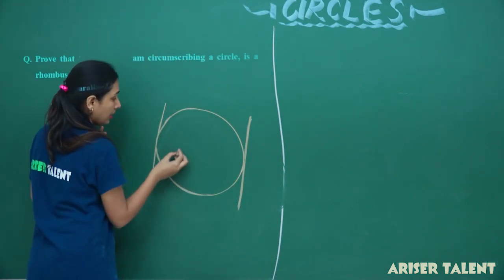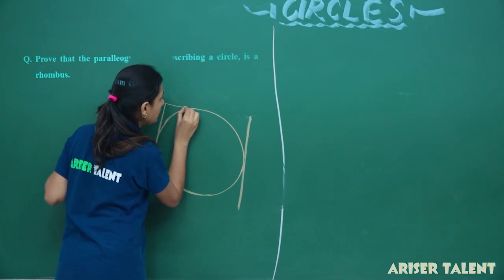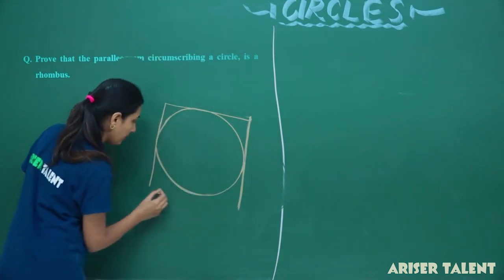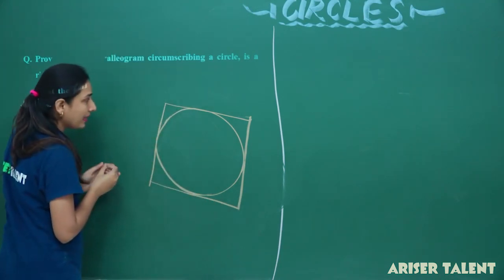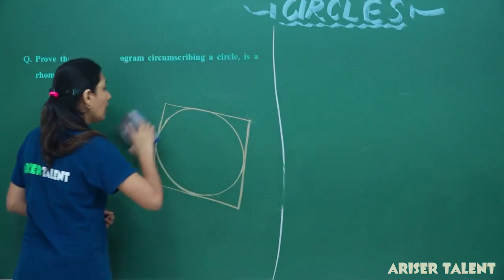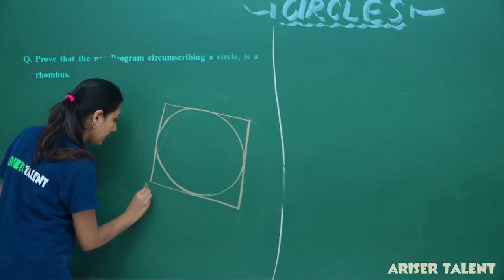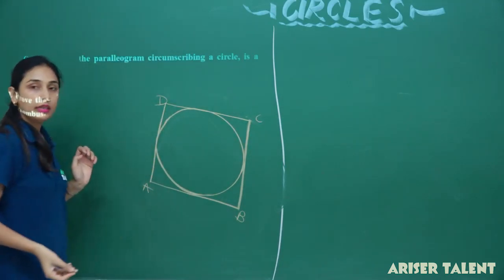Now, if I will be having this point, I will make this parallelogram here. Okay. So, this is a parallelogram. Now, I am having this parallelogram A, B, C, D. Right, students?